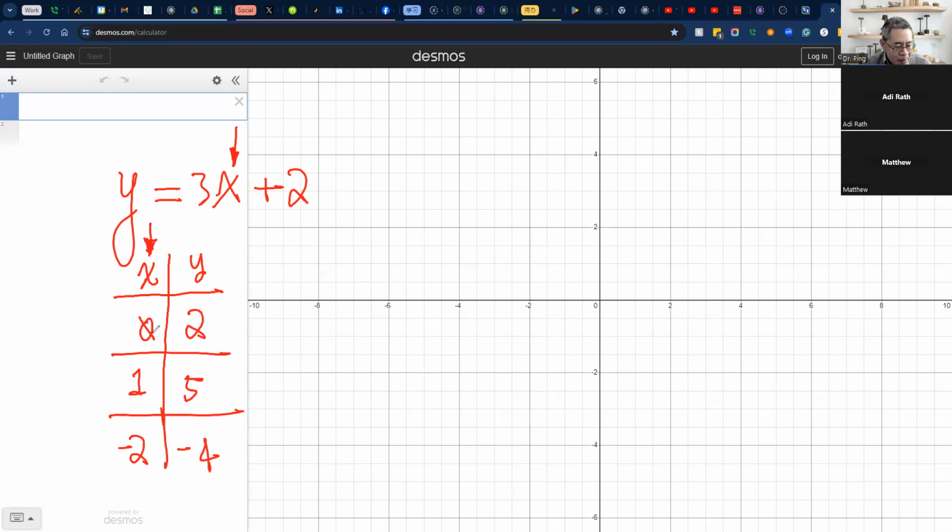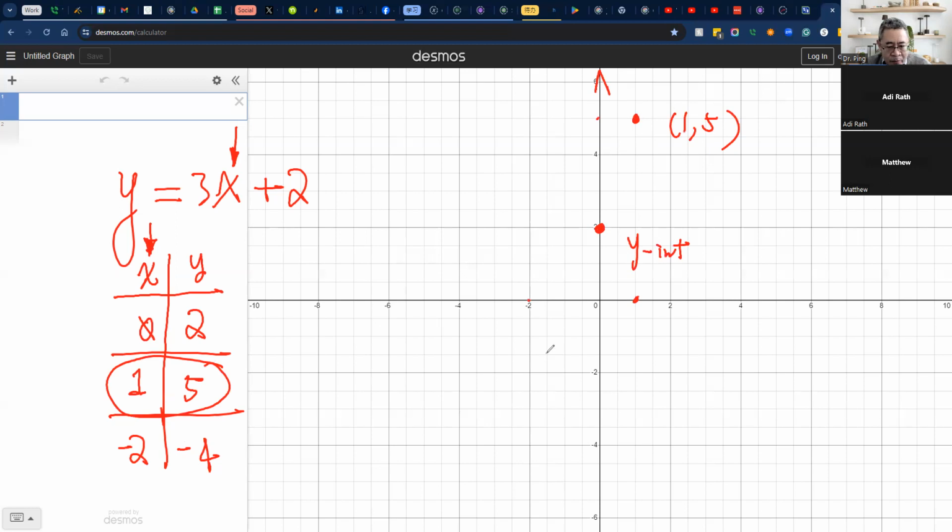Okay, we got 0, 2, which is here, and that is the intersection point between the y-axis and the line. That's why we call this the y-intercept. The next point is 1 and 5. We go to 1, then look for 5. 5 is here, so that's the second point, 1, 5.